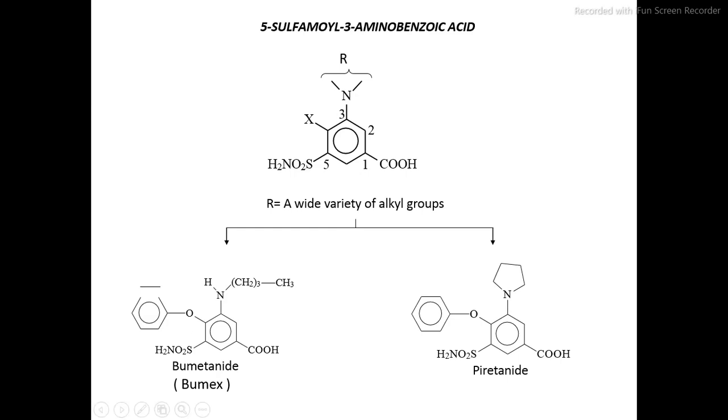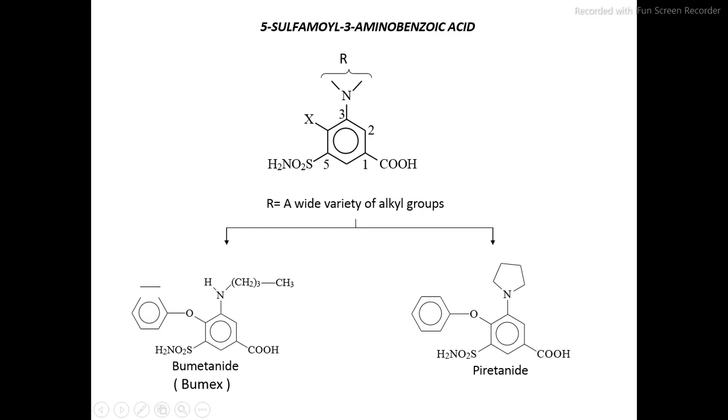Here we will see now furosemide. Some of the important points we have already considered for the SAR, but let us see about the SAR of furosemide. Furosemide is the example of a high ceiling diuretic and may be regarded as a derivative of anthranilic acid or ortho-aminobenzoic acid.